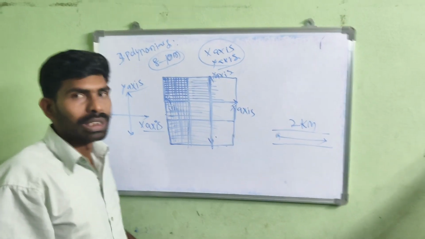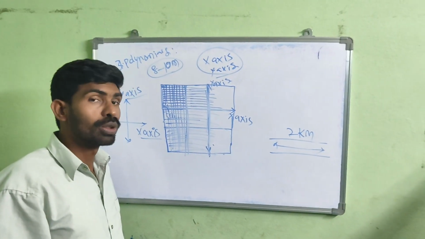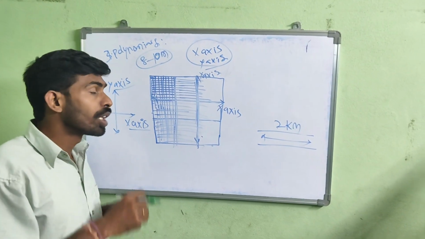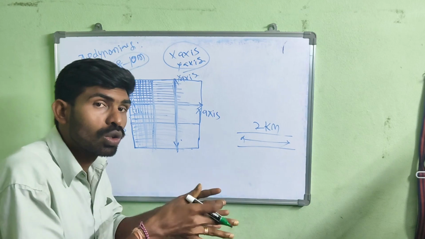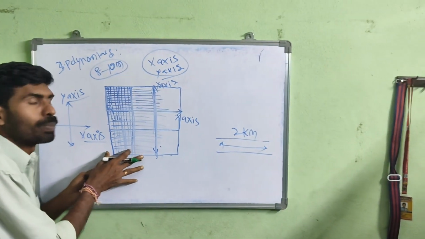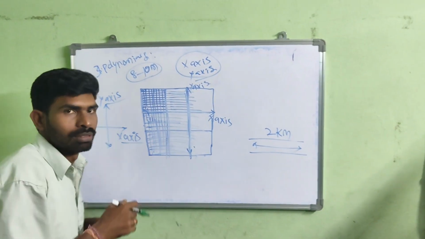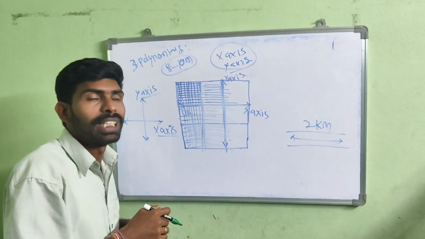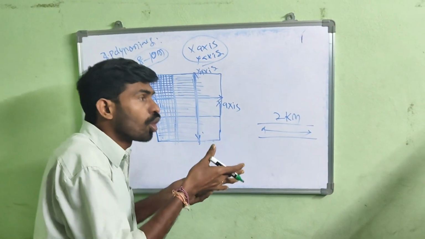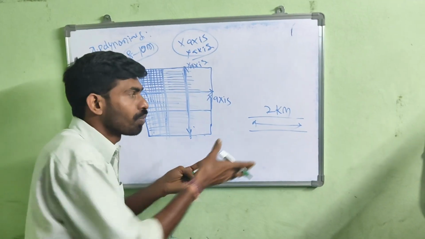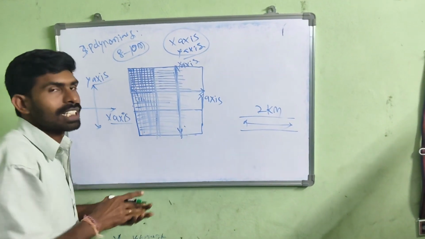We need to take a scale to represent distance on the ground onto the plan. The graph is simply a plan. If we want to draw a graphical representation of the ground, we need to take a scale.